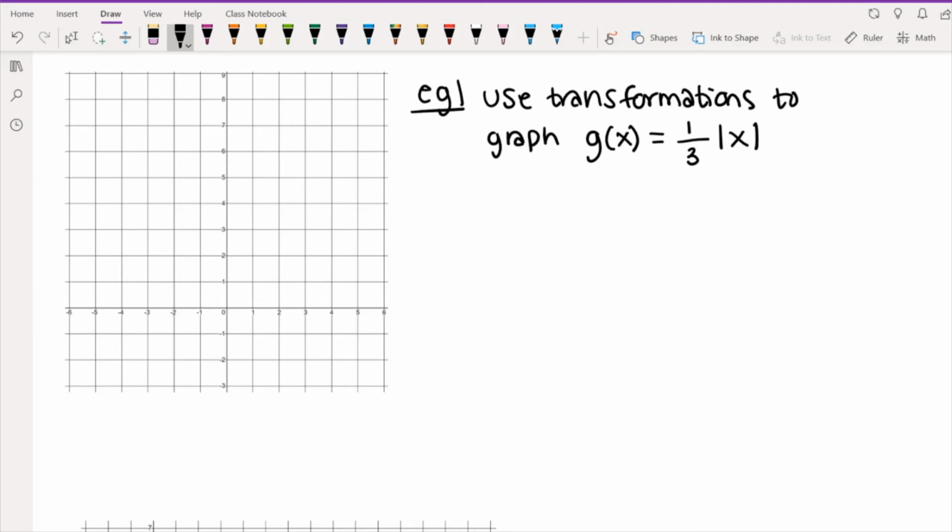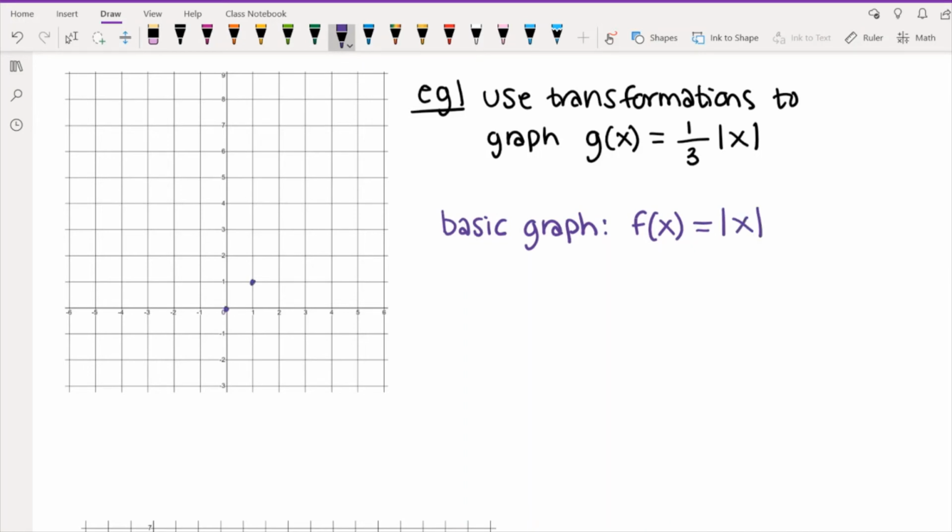So let's start by figuring out what is the basic function that we are transforming here. Well, in this case, it would be f of x is equal to absolute value of x. And so let's start by sketching that graph.